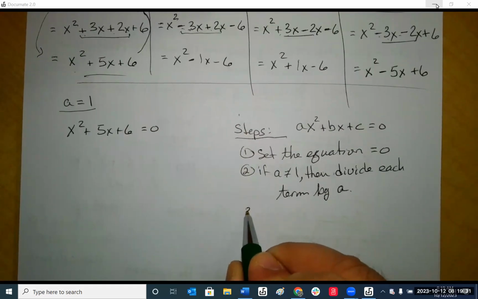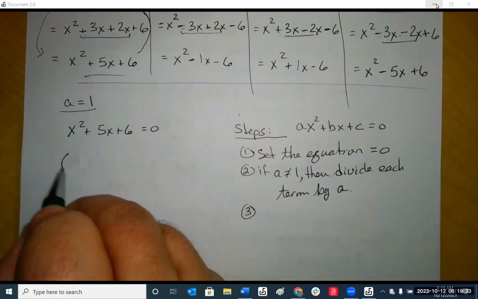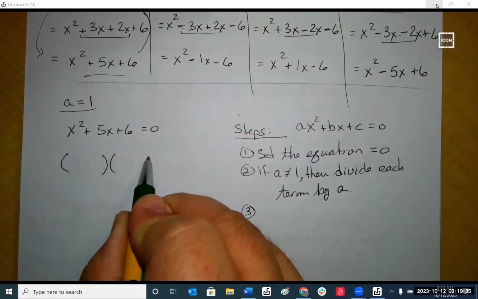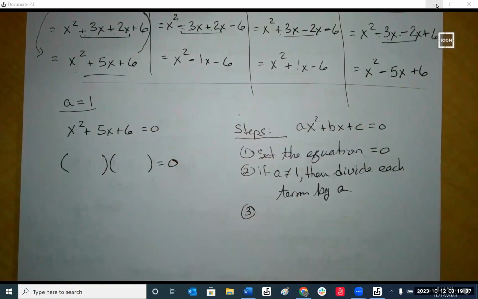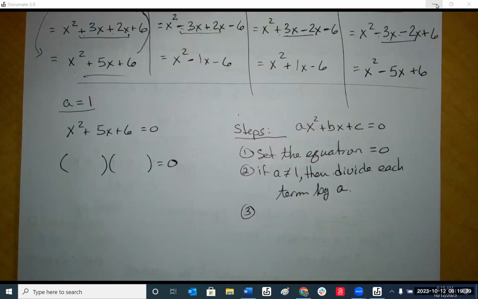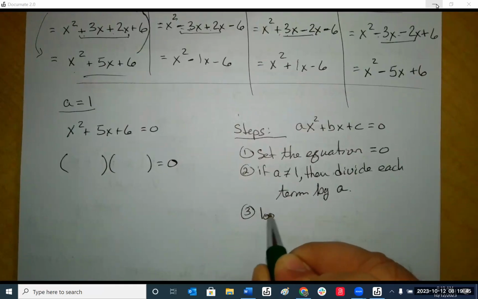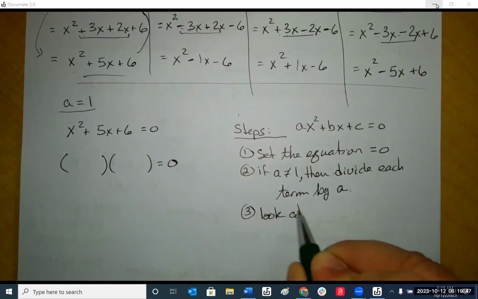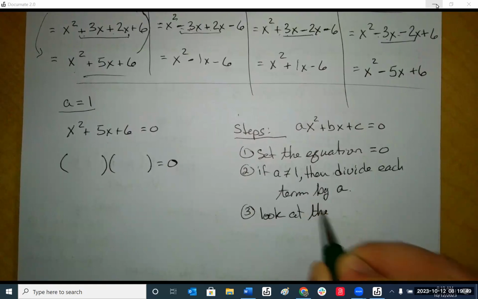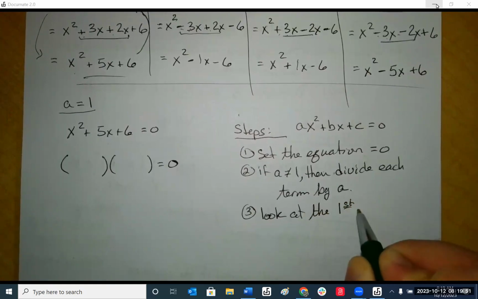Now we start factoring. So what we want is we want to put that into our 2 parentheses. First step. Look at the first term.